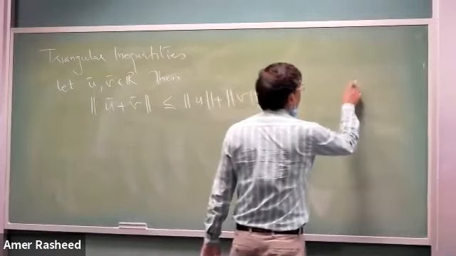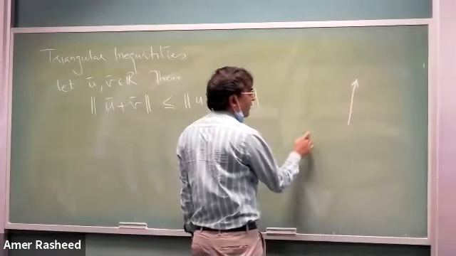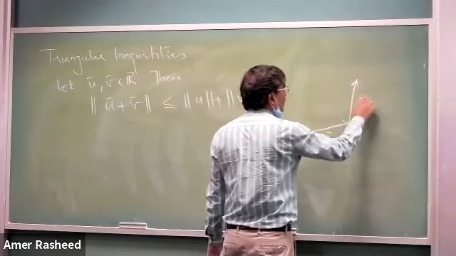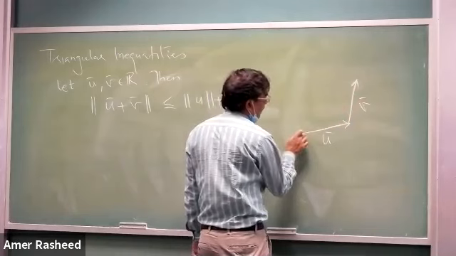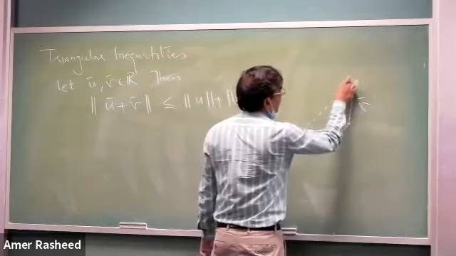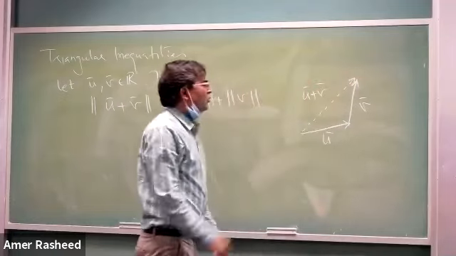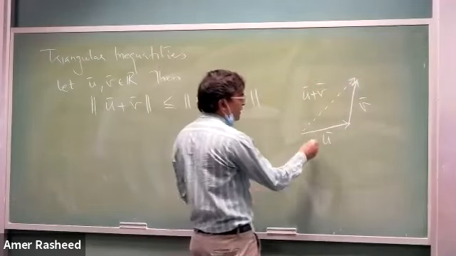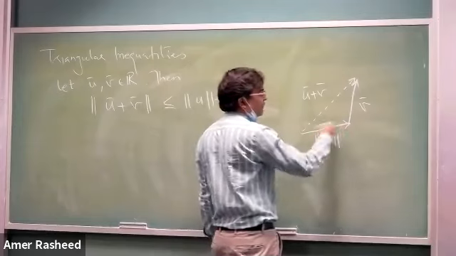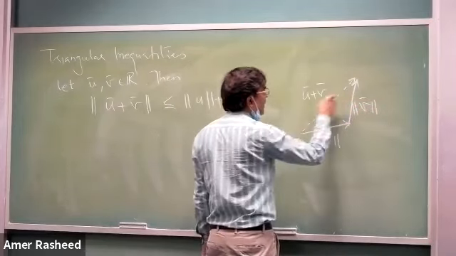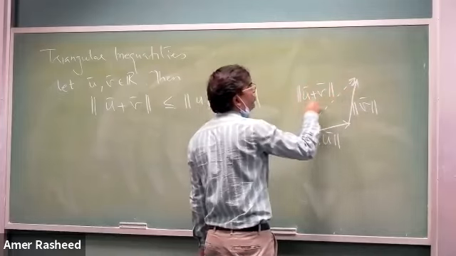If you have two vectors, this is your u vector, this is your b vector, and this is what its sum is. This one is u plus b. Now, what are their norms? Their norms are basically the lengths of these vectors. So this is the length of u, this is the length of b, and this is the length of the sum of u and b.